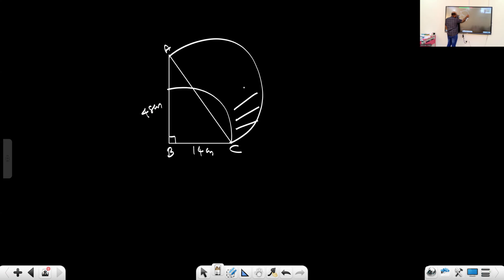Without observing the drawing, right, the shaded region is coming only outside the quadrant. First we have to find AC, then only we can move ahead. Try to understand the diagram, and where I shaded, also try to understand. What happened?